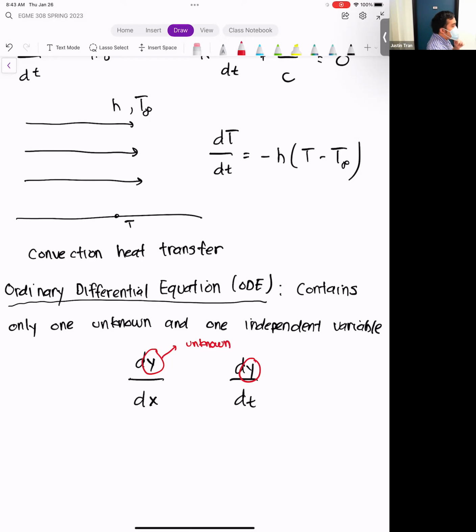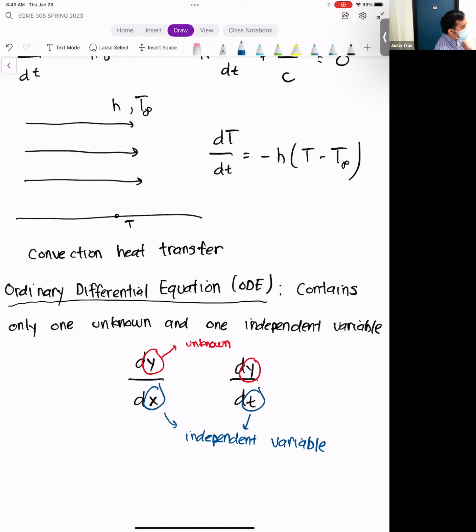The unknown that we're solving for is often in the numerator of the derivative. And whatever is in the denominator, which is the one we're looking at in terms of the rate of change, is the independent variable. So we should have only one of each.